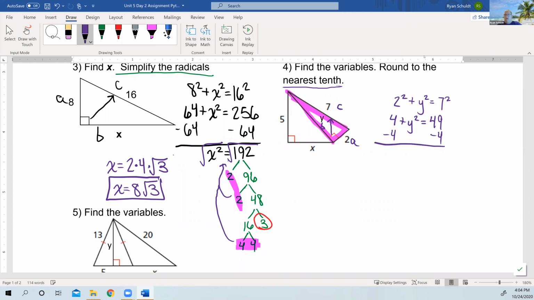Subtract 4, I get y squared equals 45. If I take the square root of it, it tells me to round to the nearest tenth. So y is equal to, let me do it, square root 45, 6.7.